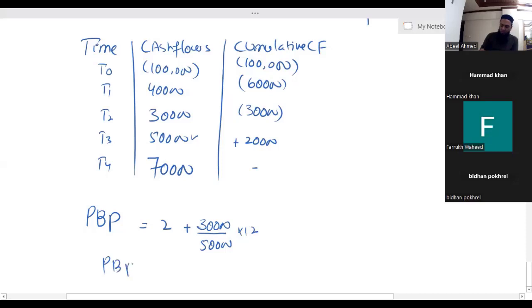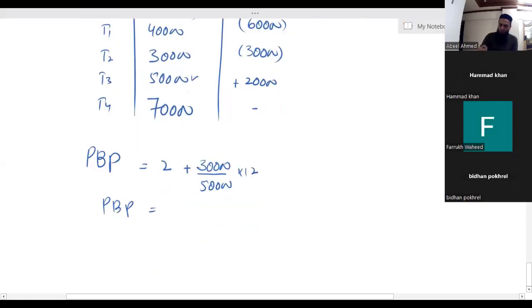If you're not multiplying with 12, then your answer will be in number of years. So I'm getting 2 years and 7.2 months, or make it 7 months, no issue at all. Two years and approximately 7 months.